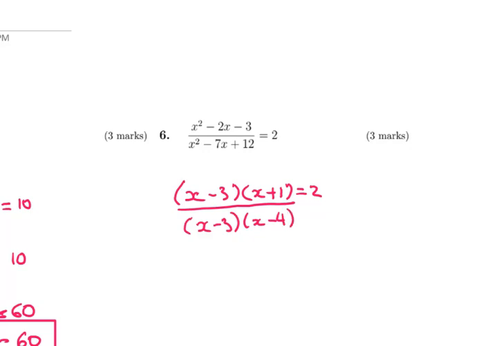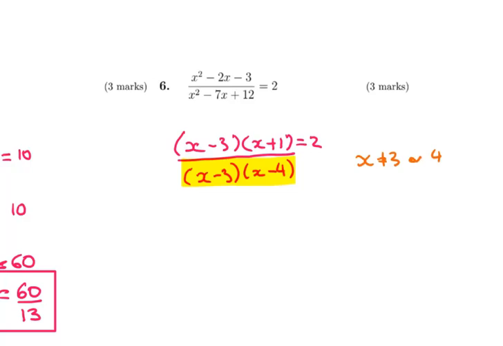So we want to solve this equation. We should just note at this stage that when we get to our answer, we should just make sure that x is not equal to 3 or 4, because that would give us 0 in the bottom line of a fraction, and that would mean the fraction is not well defined.